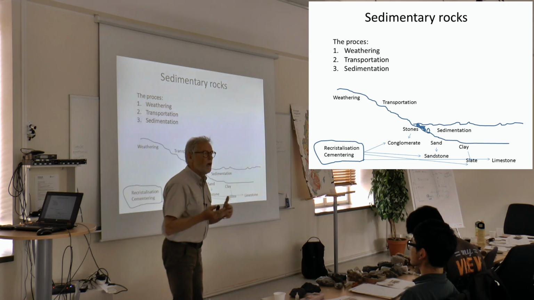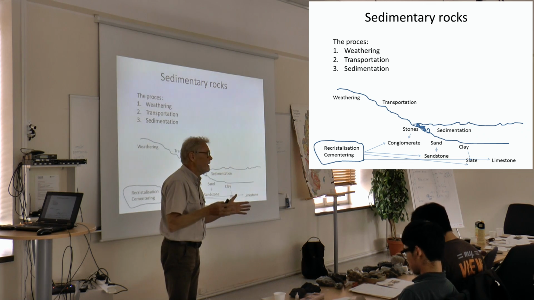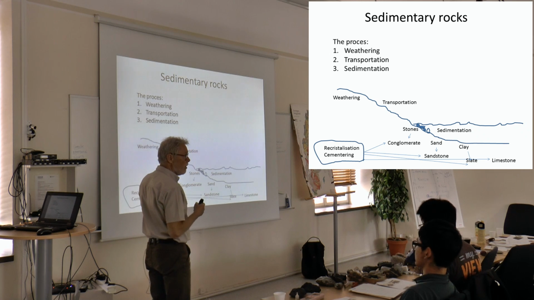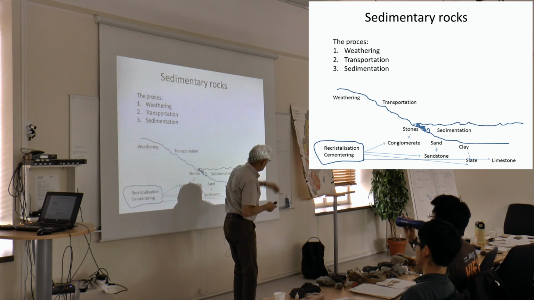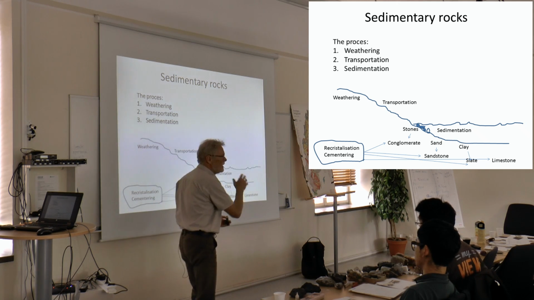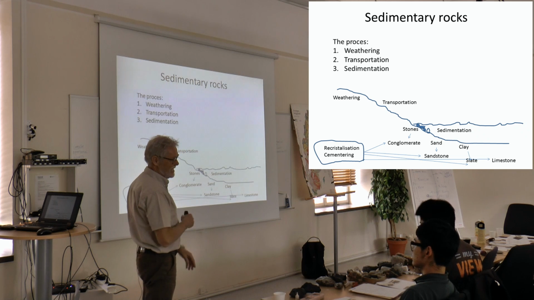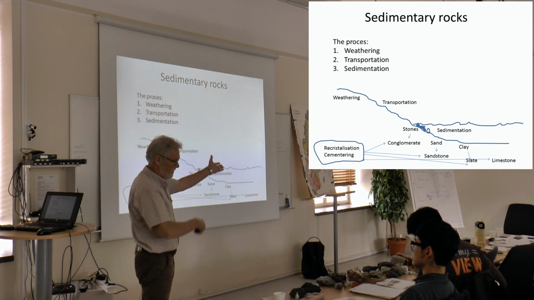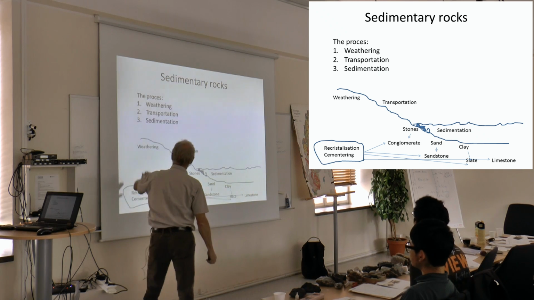A lot of the bedrock on Earth consists of sedimentary rocks, more than the granitic, crystalline rocks. In Sweden we are concentrating on crystalline rock because we almost don't have any sedimentary rocks. It's just on Öland and another island out in the Baltic Sea.